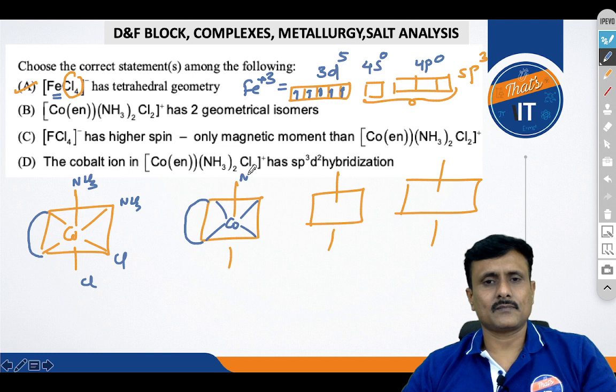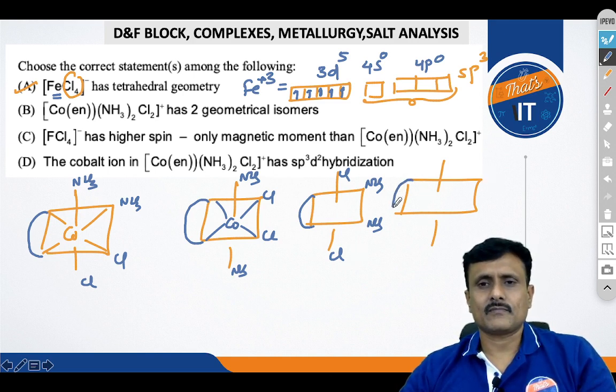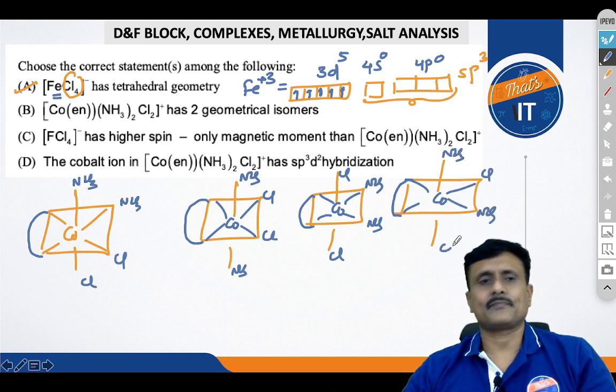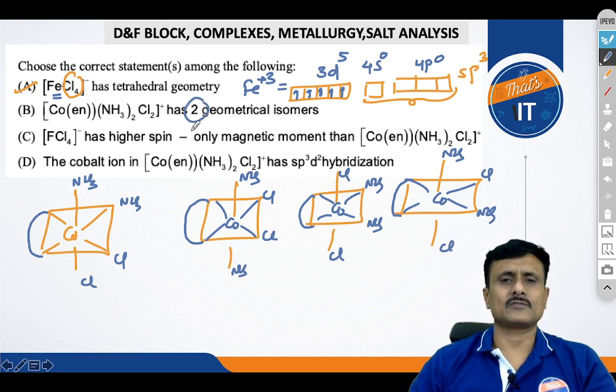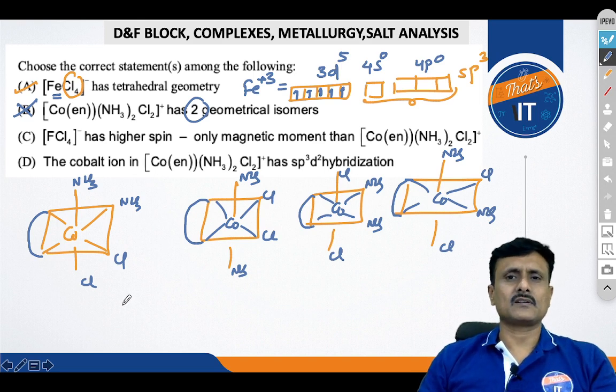You can keep NH3's opposite, chlorines beside, or you can keep Cl's opposite, NH3's beside. And what is the other possibility? The total 4 isomers are possible here. So the statement that it has 2 geometrical isomers is a wrong statement. The total number of isomers possible are 4, isn't it?